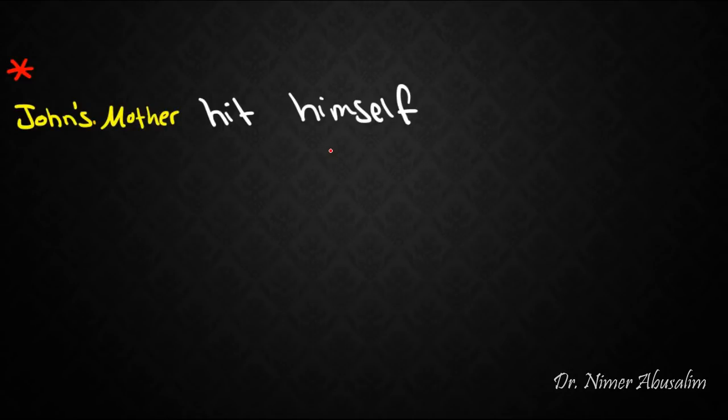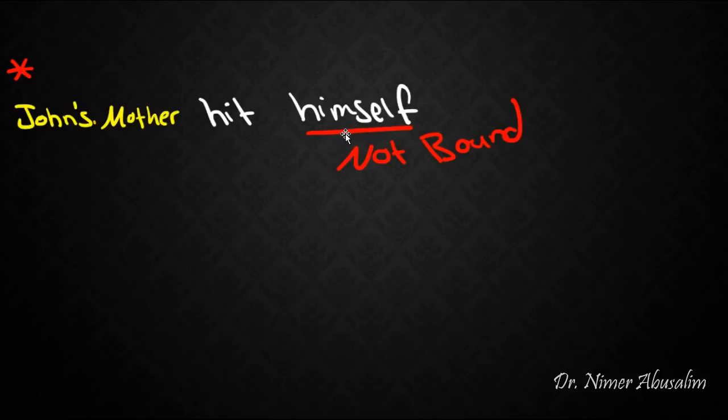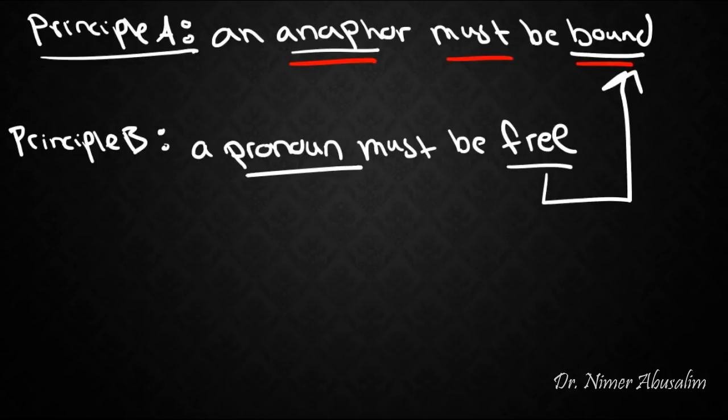So to sum up, himself is not bound, meaning nothing binds it. If you recall, principle A suggests that an anaphor must be bound. Our anaphor here is not bound, and therefore the result is an ungrammatical sentence. So it looks like our principle A is on the right track so far.